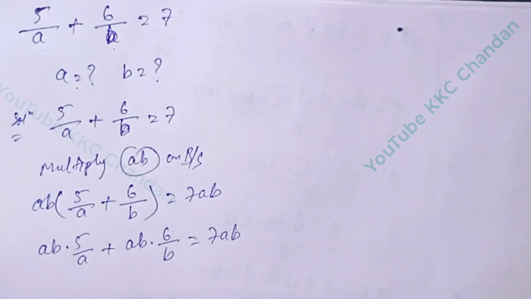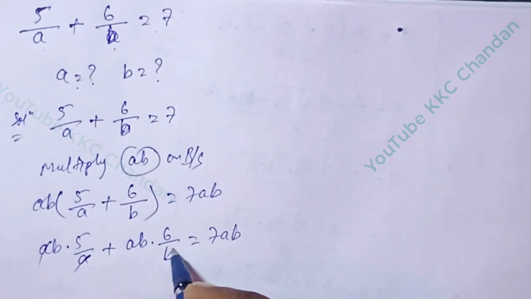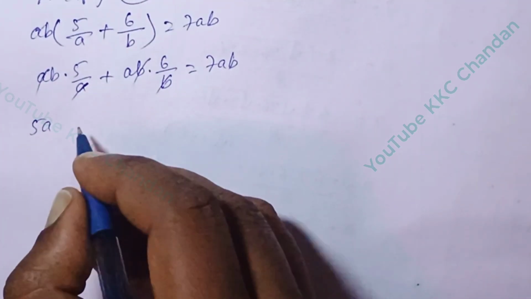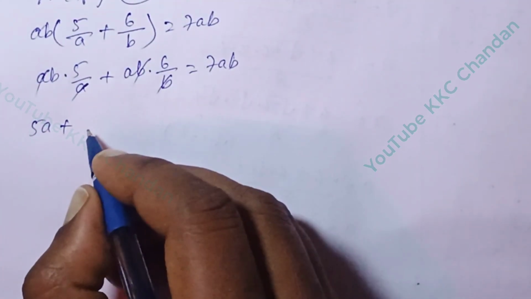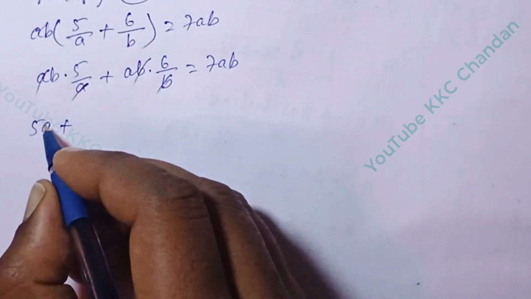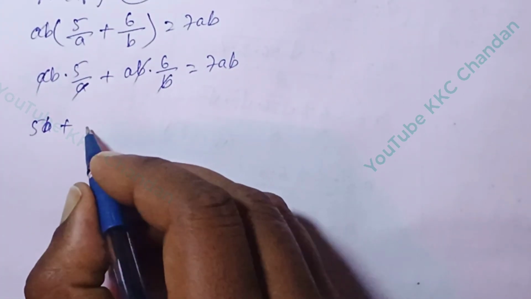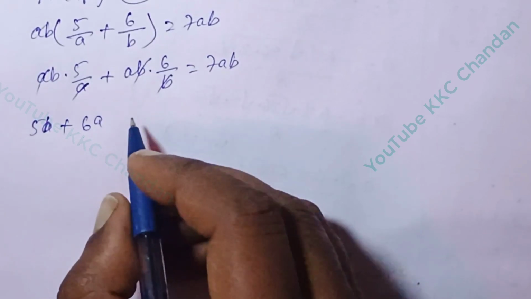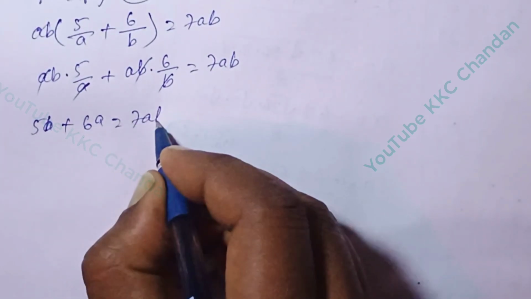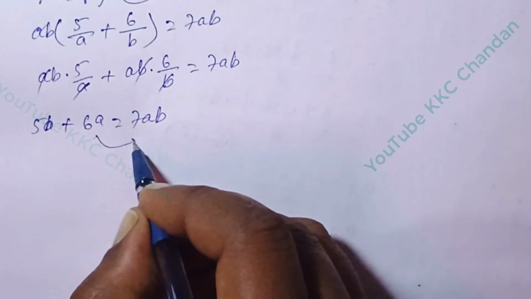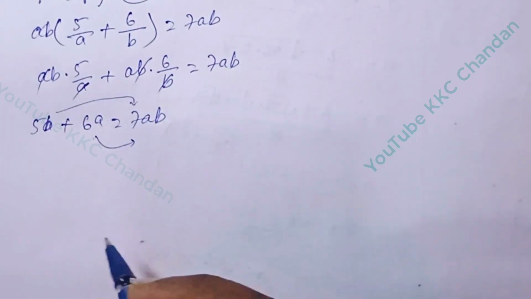Next step, a cancels here, b cancels, left with 5b plus 6a is equal to 7ab. Next step, this comes to this side, this also comes to this side.